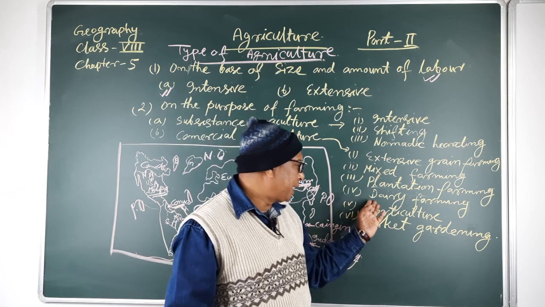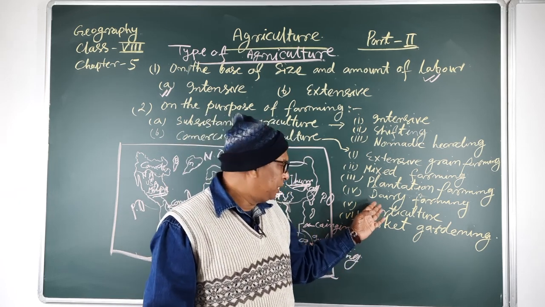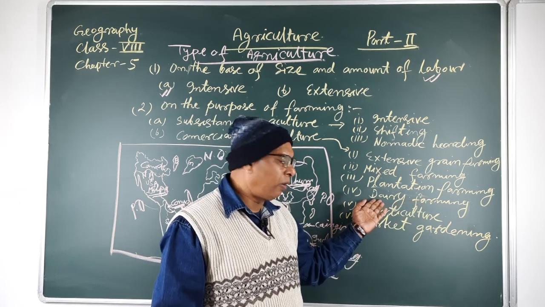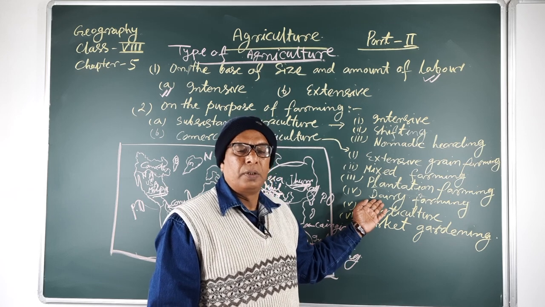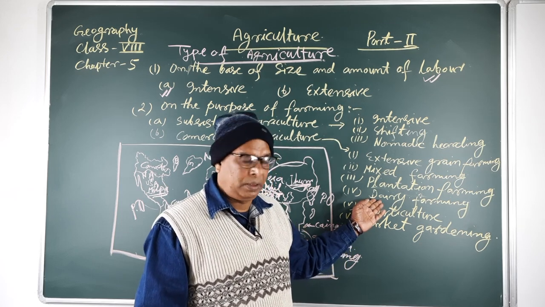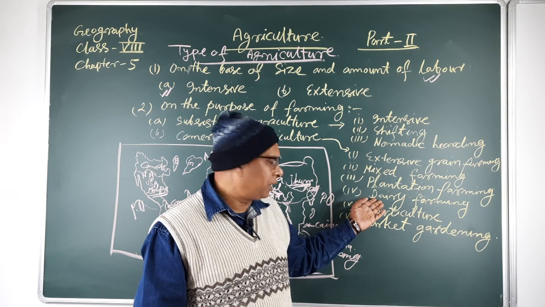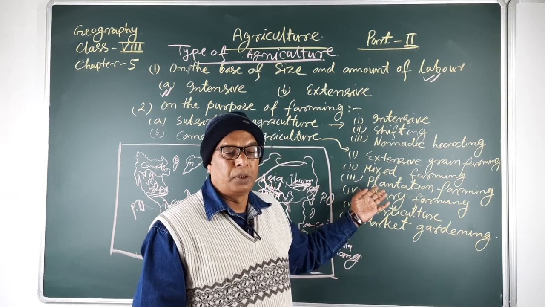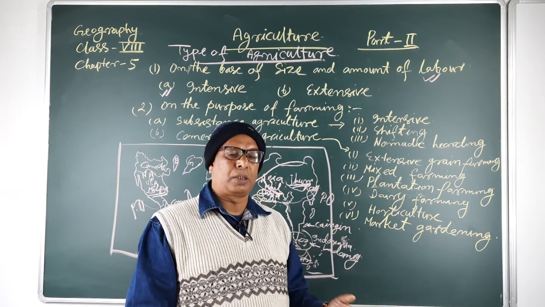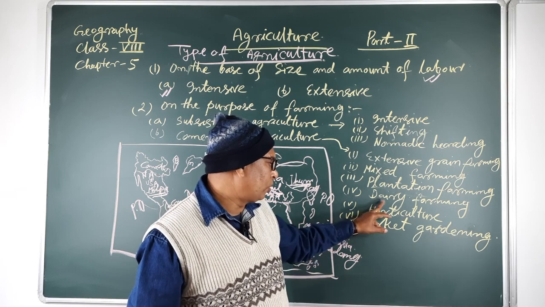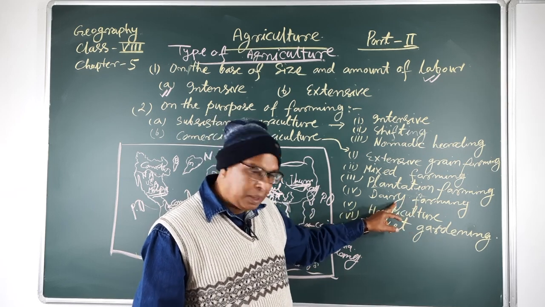And dairy farming. We know this type of farming is only for the purpose of rearing animals and practicing cultivation of fodder for them, and it is also known as dairy farming.